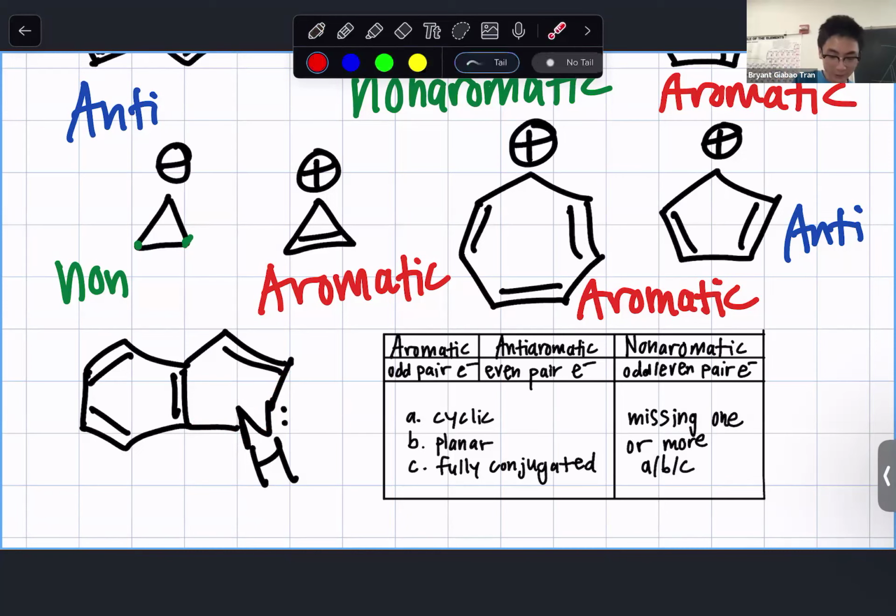If this lone pair were not able to do resonance, it would be sp3. But we see that it is able to do resonance, so that makes it sp2, where this lone pair counts as a pair in the system. So that's 1, 2, 3, 4, 5 pairs of electrons. That's an odd number, making it aromatic.